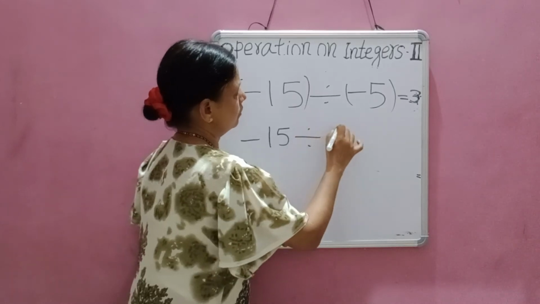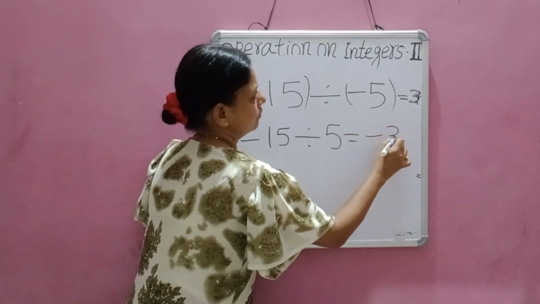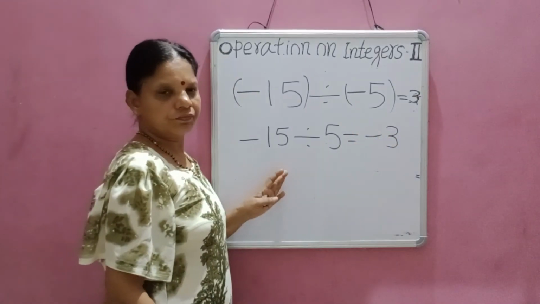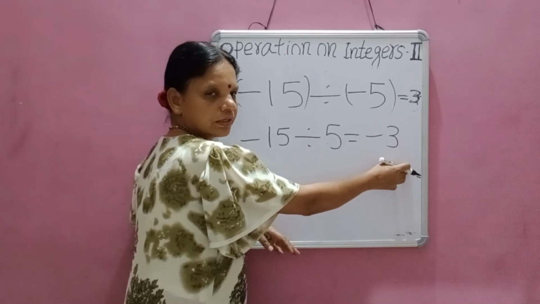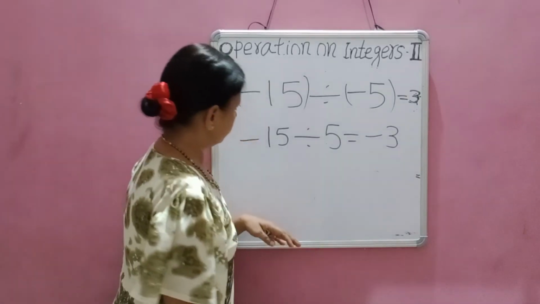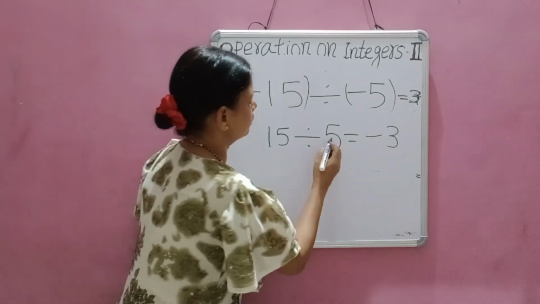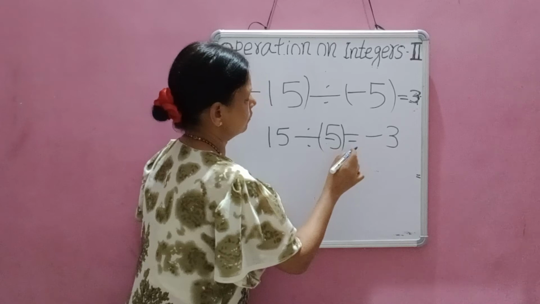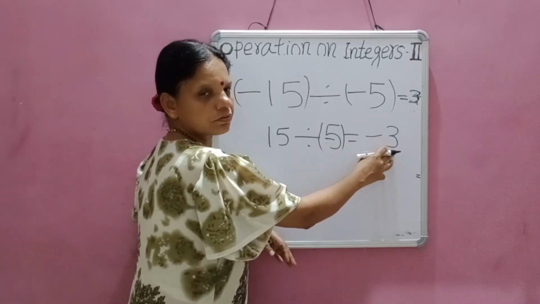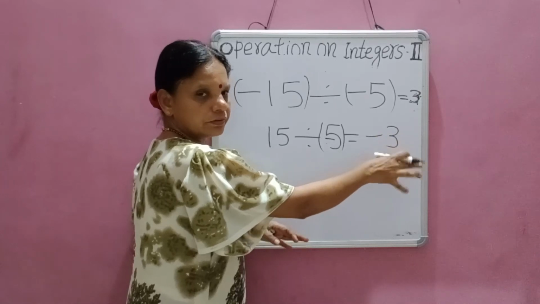Now, if one number, either dividend or divisor, is negative, here minus 15 divided by 5, the answer is minus 3. If one of the numbers is negative, then the quotient is negative. Similarly, 15 divided by minus 5, any one number negative, then also the answer is negative. The number will not change, the quotient number will not change.